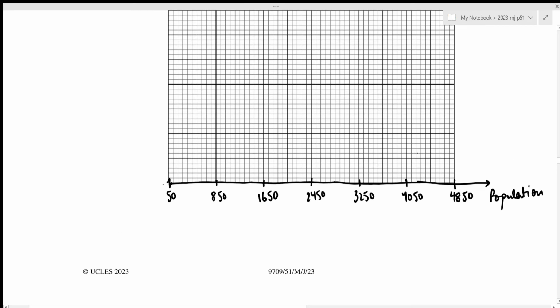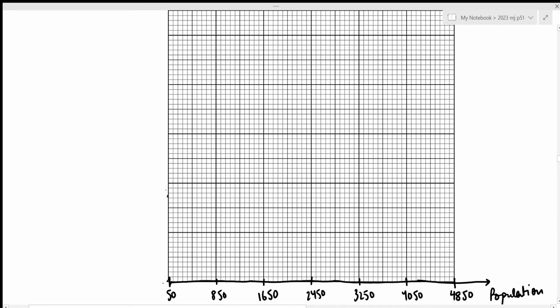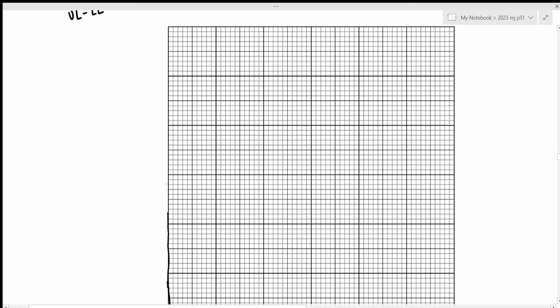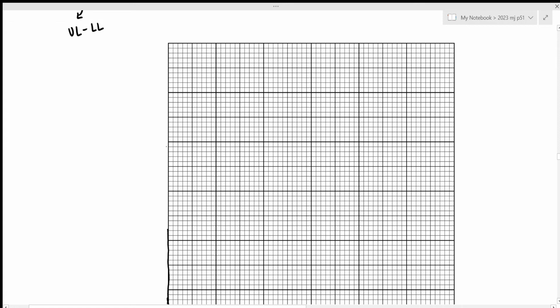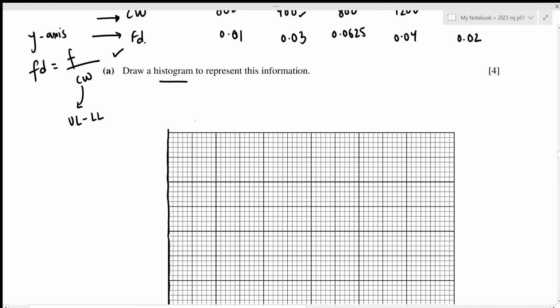Okay. Now let's go over the y-axis. And always remember to use scale so that all of your lines are straight. This one is the frequency density. And the highest frequency density is 0.0625.